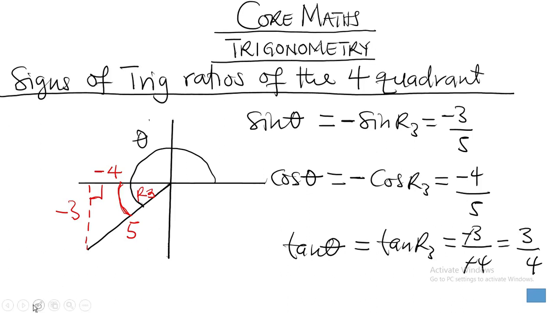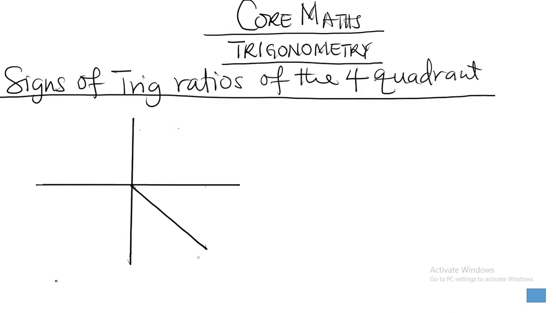Good. So now, try your hands on the final one for me. Try your hands on the last quadrant for me, and let's see the signs that we'll be getting. So here, the principal angle is from here to here, and the reference angle is here, the acute angle here.